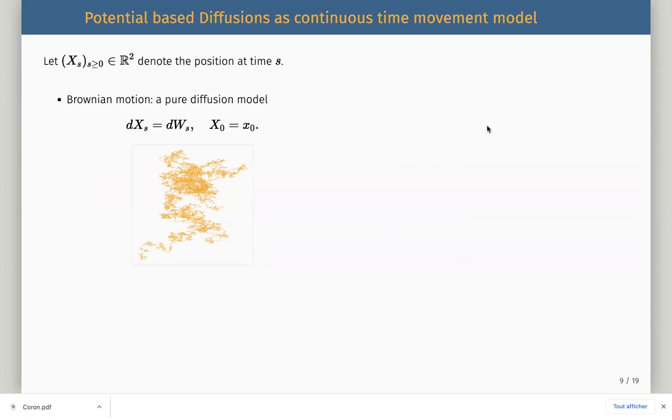One that is very useful because it's very easy, and it's like a normal distribution, is the pure diffusion model, the Brownian motion. So you just assume that the movement of the animal follows a Brownian motion. And because I will extend it later, I present it as a kind of stochastic differential equation, but there is no stochastic differential equation here. It's just a Brownian motion.